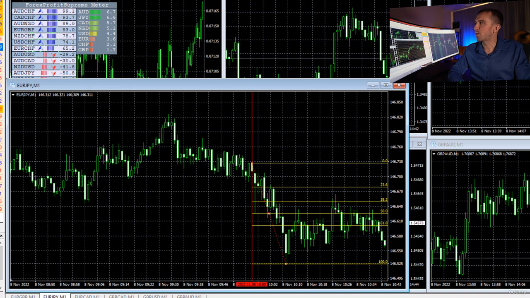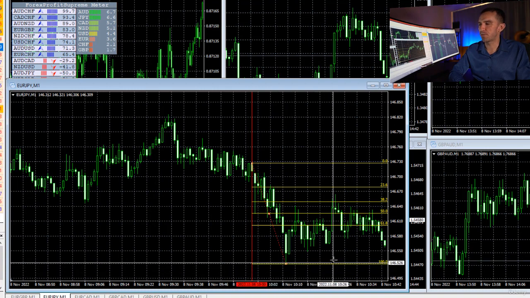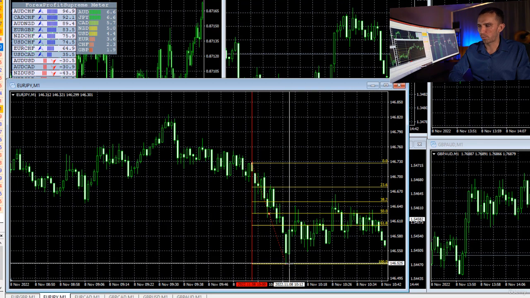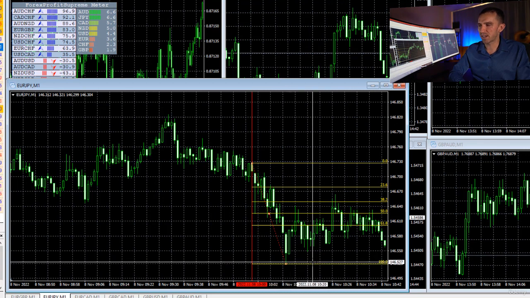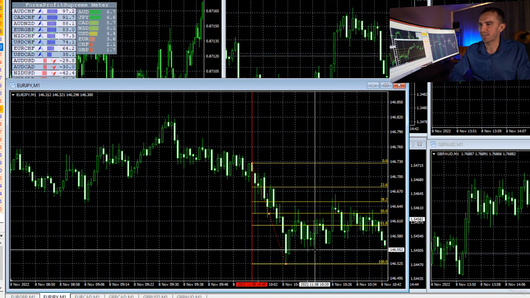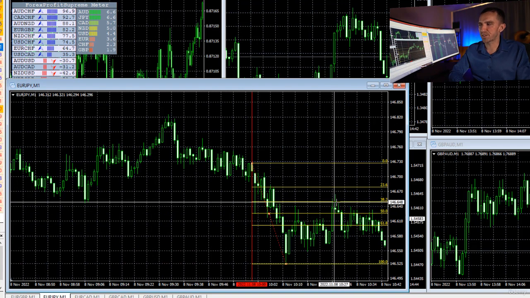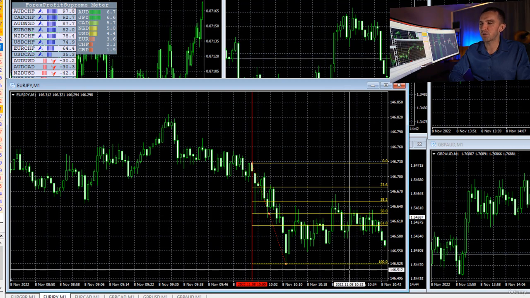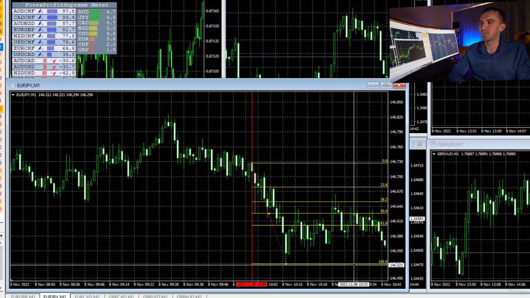I would put my take profit 3 pips above the 100 from Fibonacci, or 3 pips above that low, okay? Somewhere in here. So if it's 52, it would be at 55 right in here. So if I sell the retracement, I would target 146.55 or 3 pips above the lowest point.